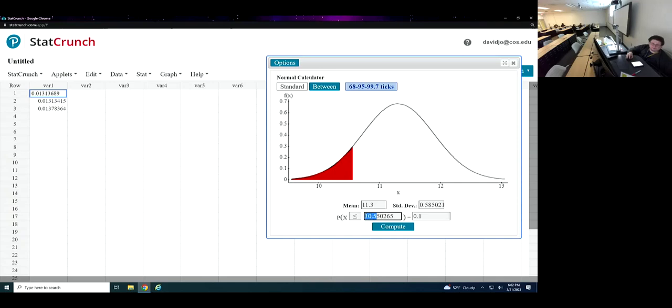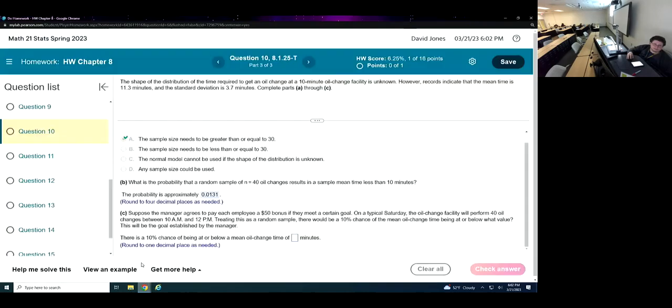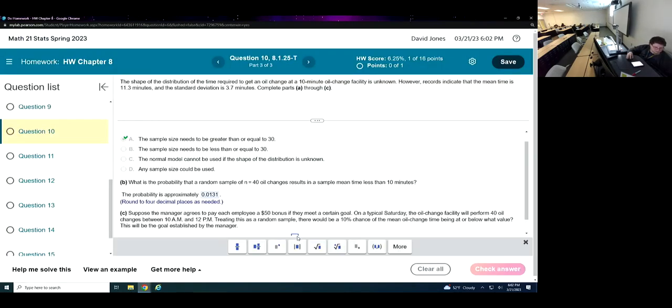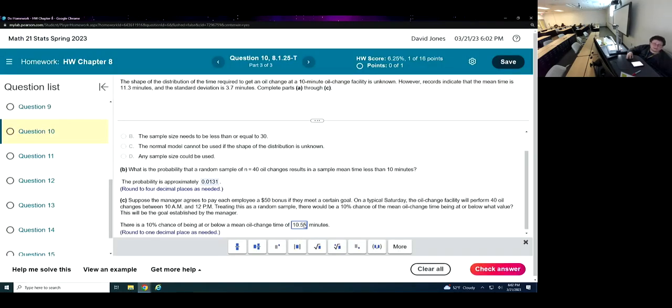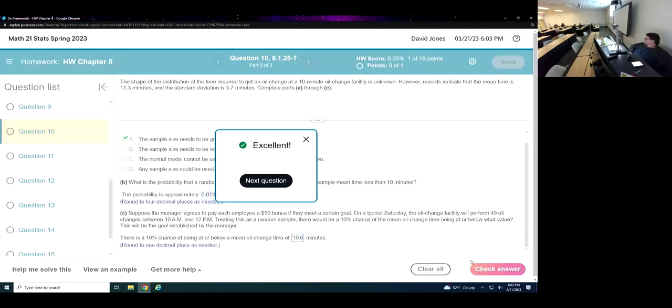So 1 decimal place here would be rounding with that information, and 10.55 rounds up to 10.6 minutes. So that's how you do problems like that.